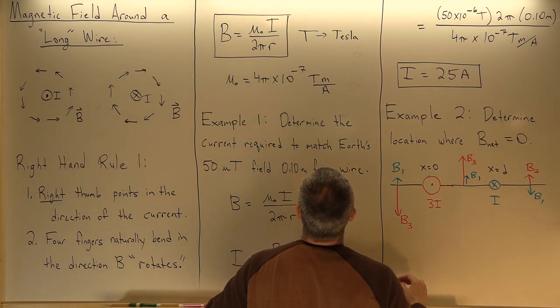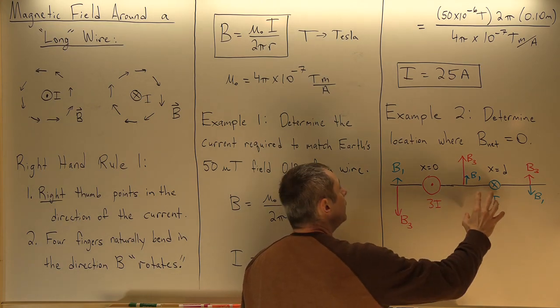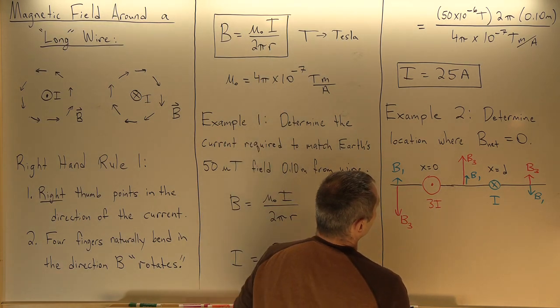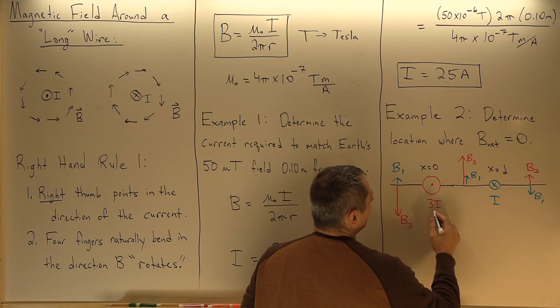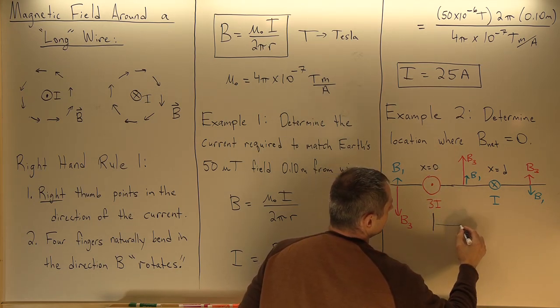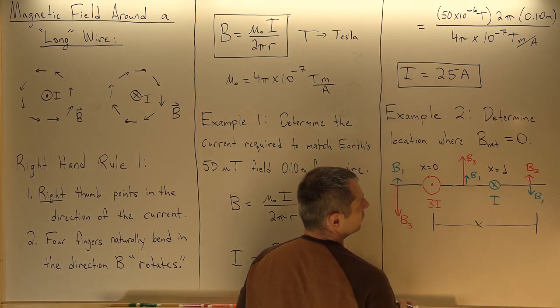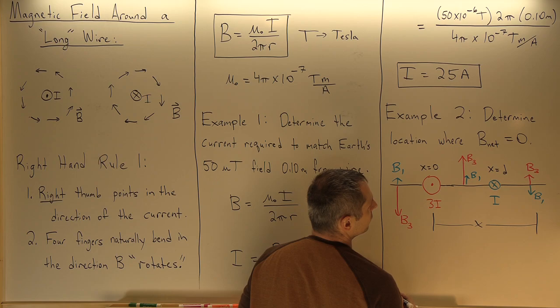So now what I'm going to do is calculate two magnetic fields and set them equal to each other. But I have the currents, I need the radii also. So let's begin by, if this is x equals 0, then the distance all the way to this point is going to be x along the x-axis.